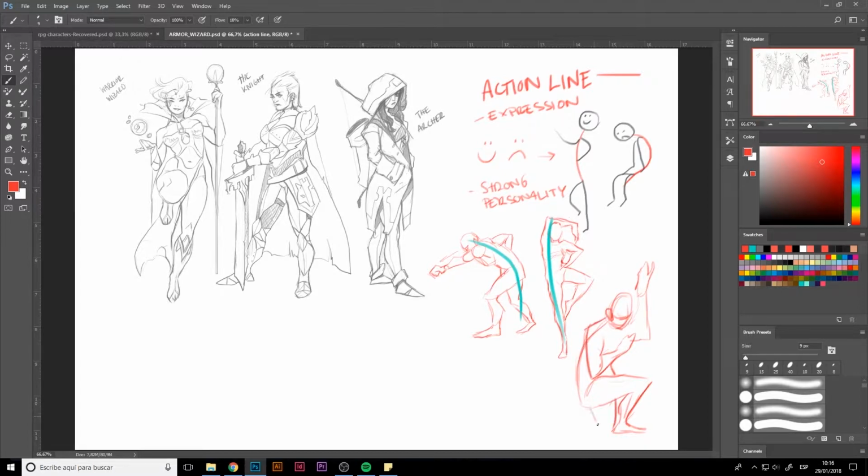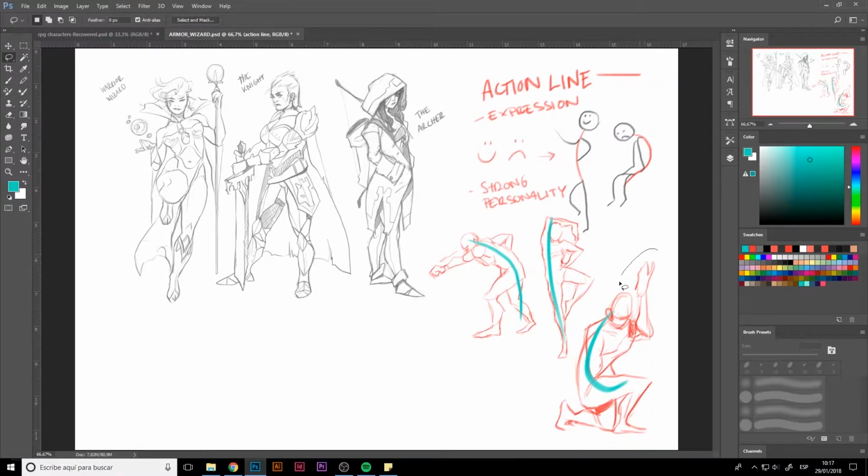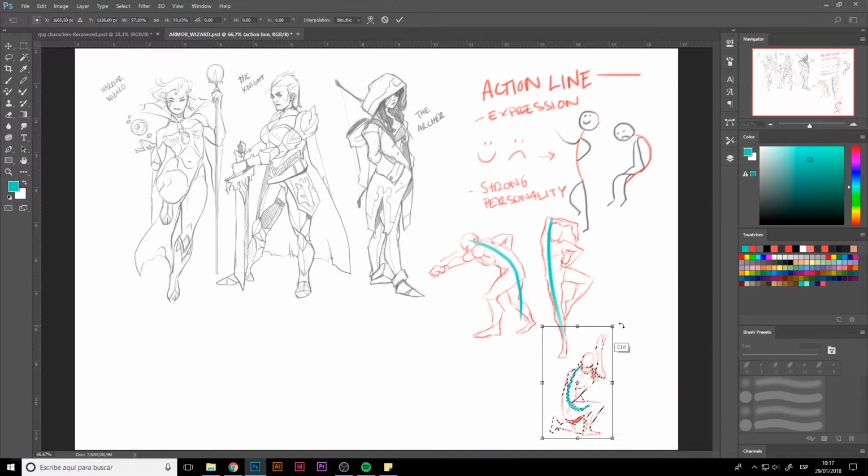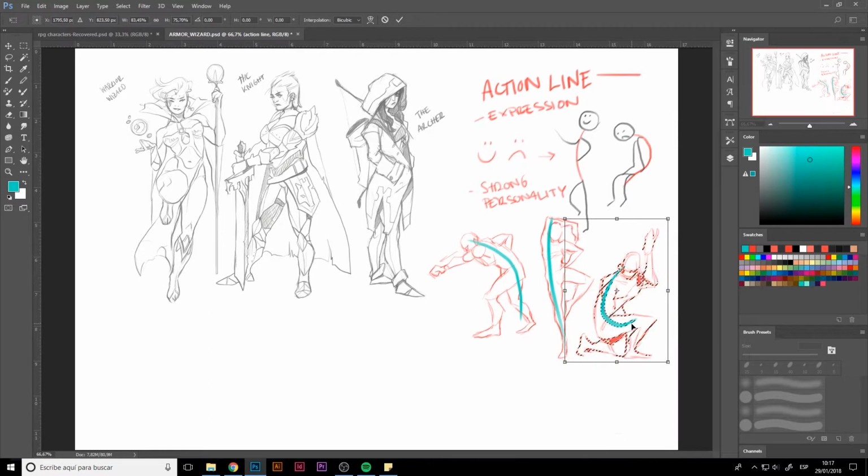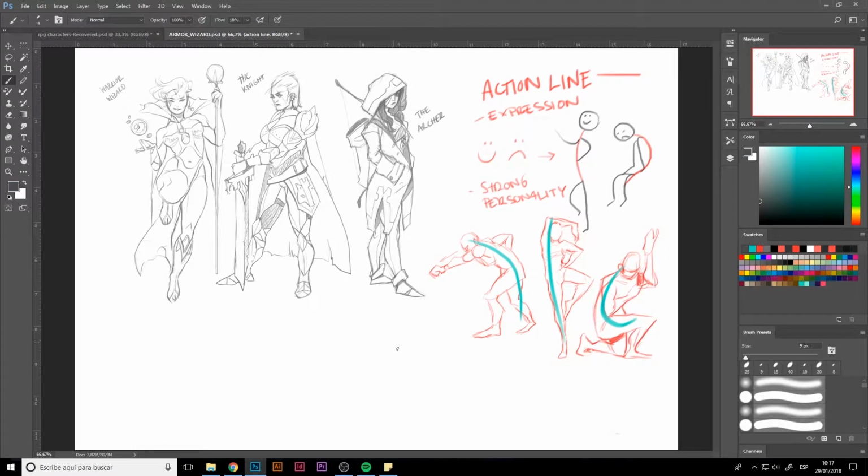He's kind of paying his respects to somebody or something like that. And as he's kind of shrunk and showing that submission, our line is going to be a little bit curved, like in this case. I'm going to shrink it and put it here to the side so you can use it as reference if you want to see an example.